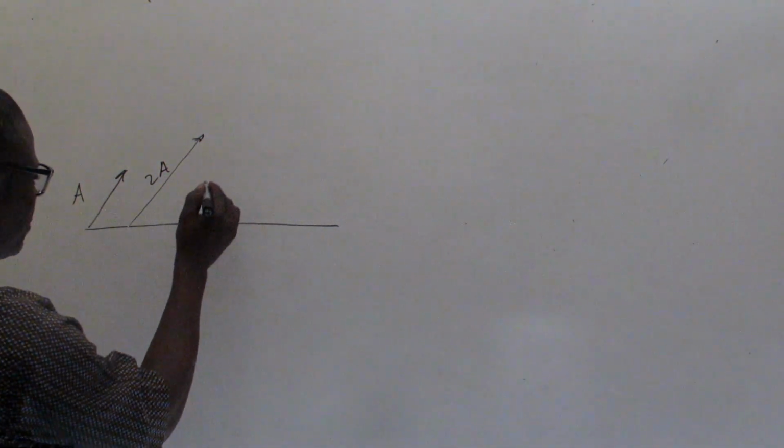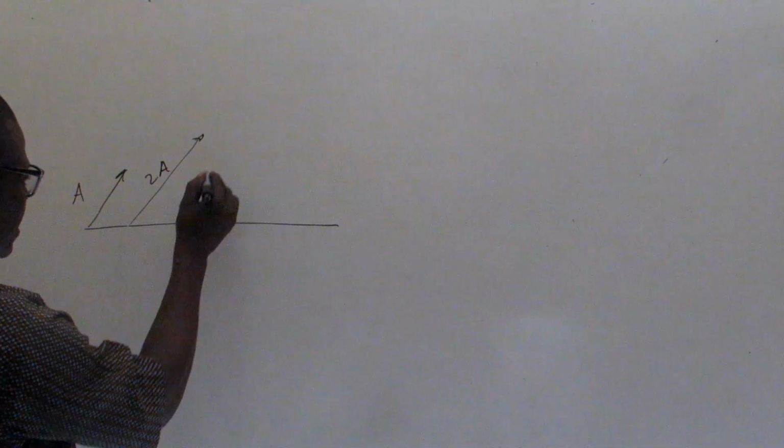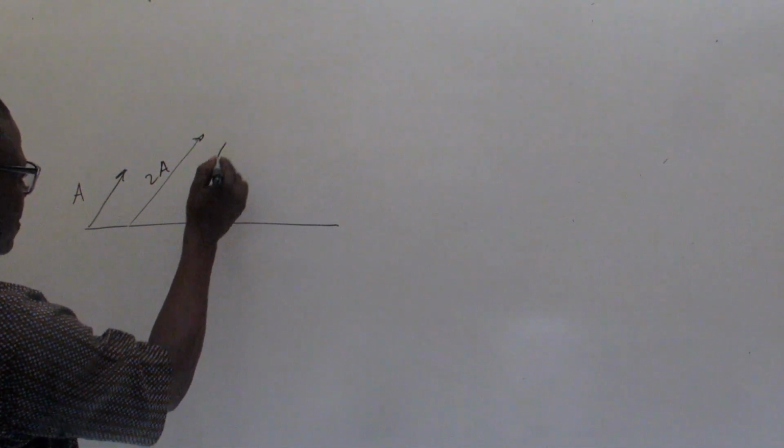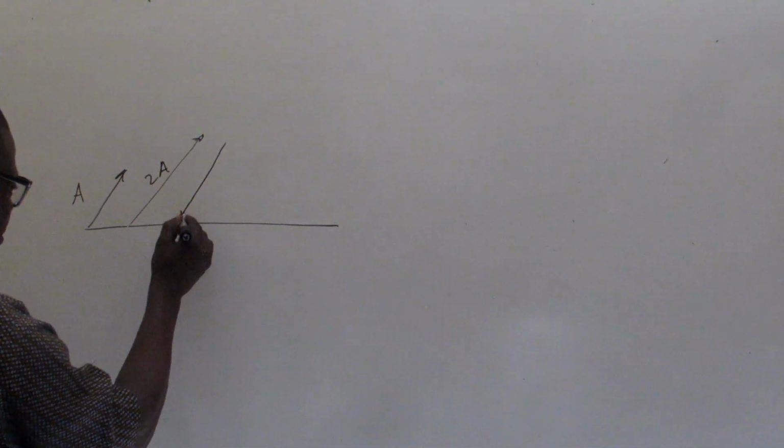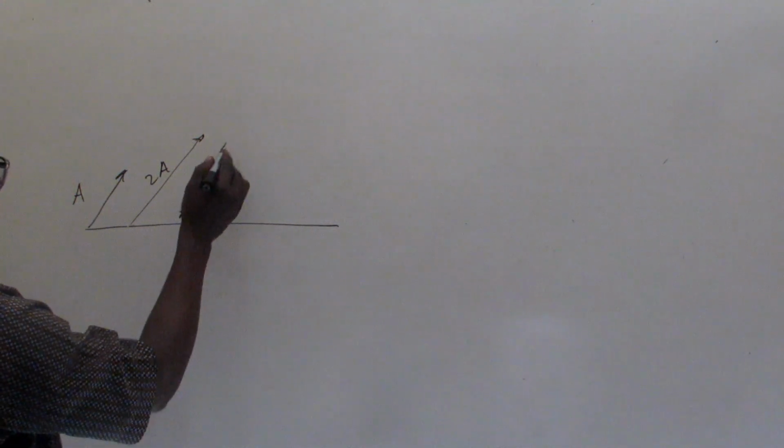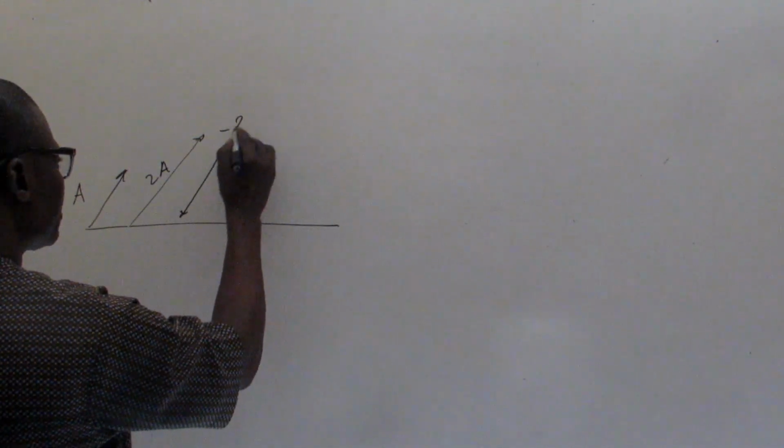If this is A, this becomes 2A. Or it could be this way. You see the arrowhead now pointing this way. This is minus 2A.